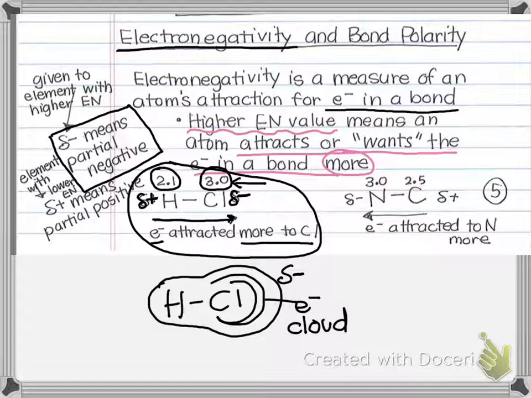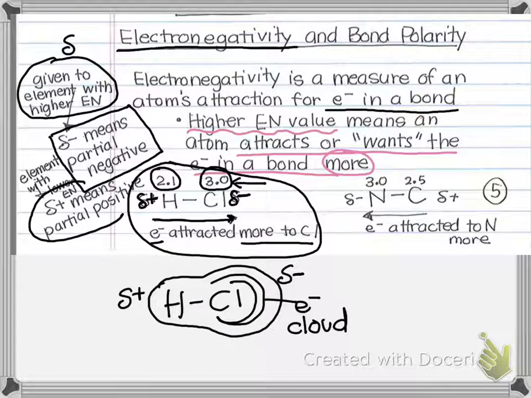That leaves less cloud around the hydrogen, and it's going to be positive. So you can see a delta positive means it's partially positive. Now it will always be that the element with the higher electronegativity will be partially negative, and the element with the lower electronegativity will be partially positive.